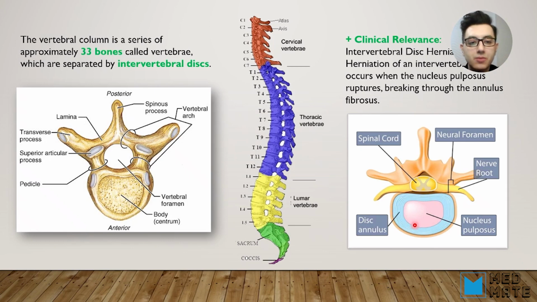Now, when there is a rupture of the annulus fibrosus, the nucleus pulposus can get out. If there is this rupture, for example, here in this part of the intervertebral disc, then the nucleus pulposus will push the nerve roots or the spinal cord, and that causes the symptoms of this herniation.